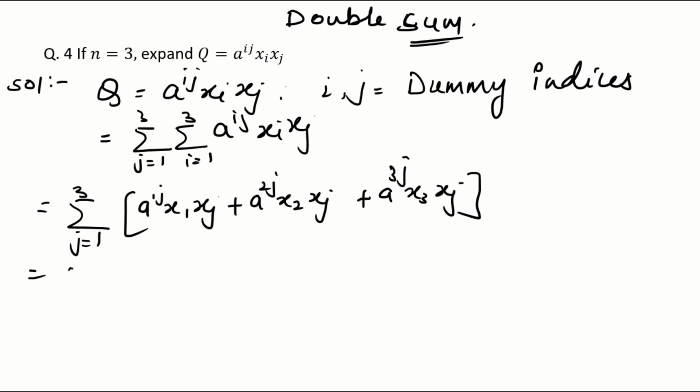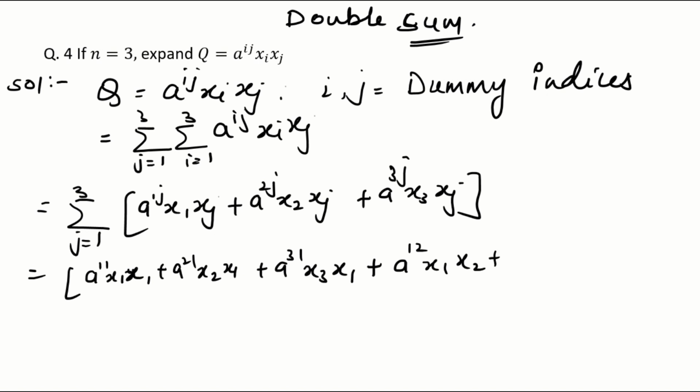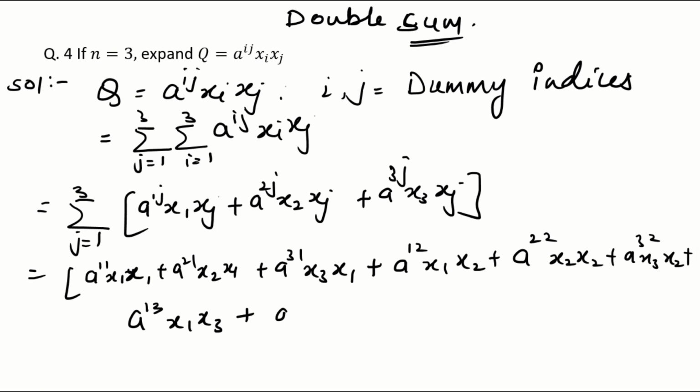First let us put 1: a11 x1 x1, then a21 x2 x1, then a31 x3 x1. Now put j as 2, in all three terms: a12 x1 x2, a22 x2 x2, then a32 x3 x2. Then we substitute j as 3 in all three terms: a13 x1 x3, a23 x2 x3, and a33 x3 x3.